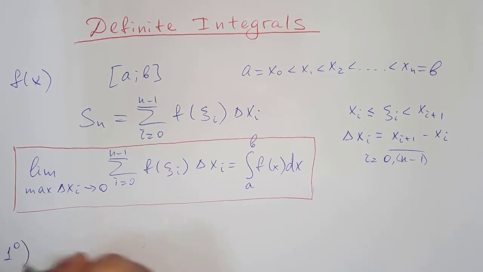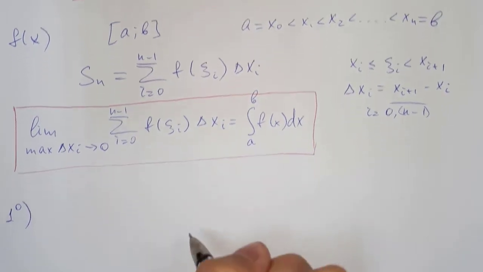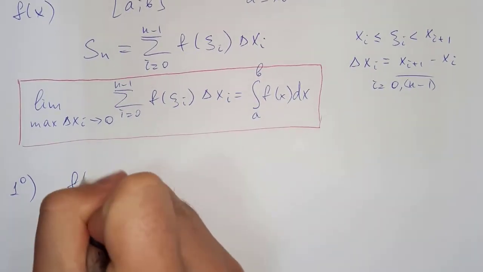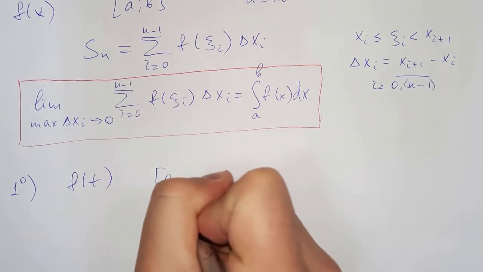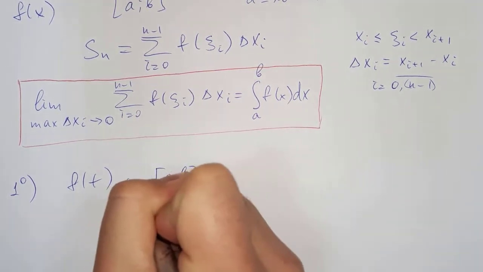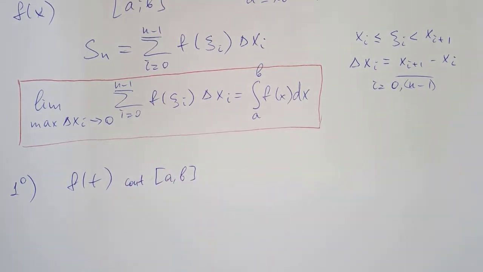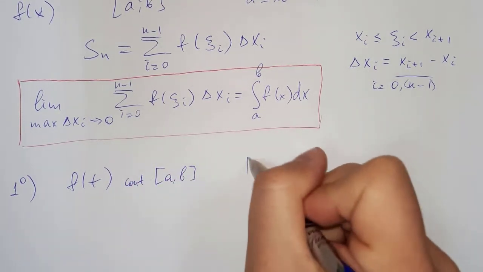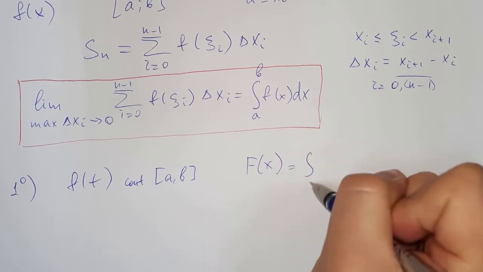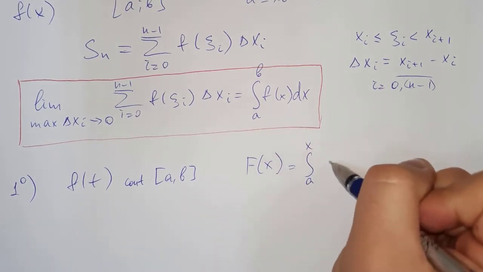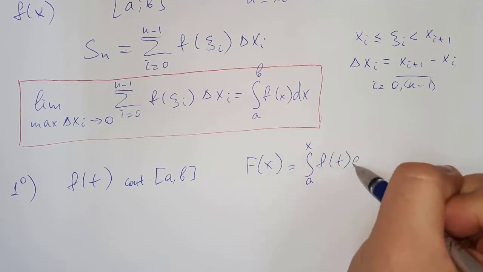If a function f of t is continuous on the interval [a, b], then the function F of x equals the integral from a to x of f of t dt.